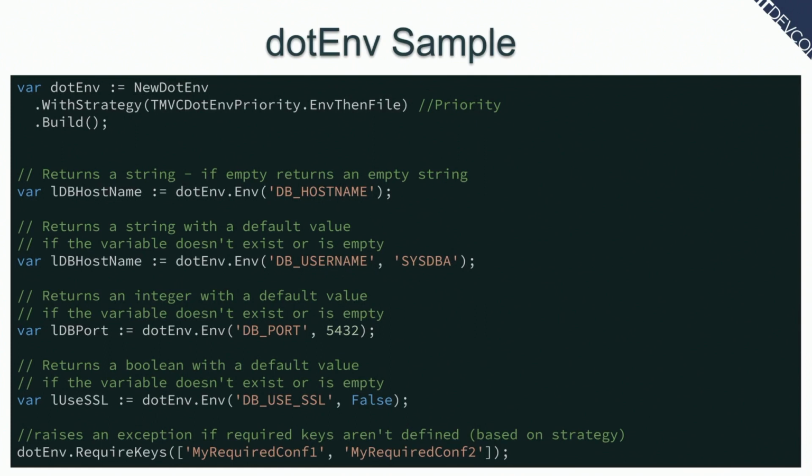New .env with strategy env then file. So when I ask for a variable, the first check is, does the system define this variable? If not, then read the one in the file, or the opposite, or only the system, or only the file.